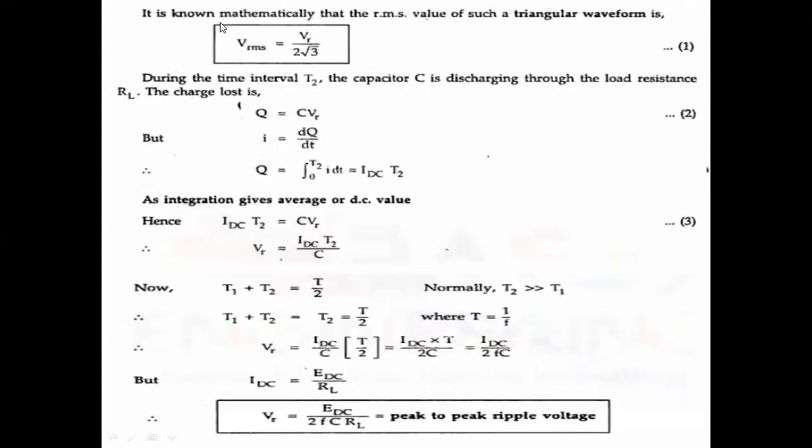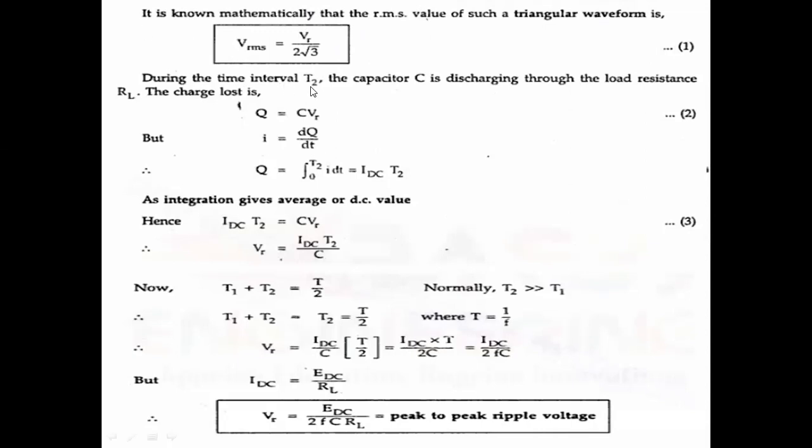It is known mathematically that the RMS value of the triangular waveform is VR by 2 root 3, where VR is the peak to peak value of the triangular waveform.